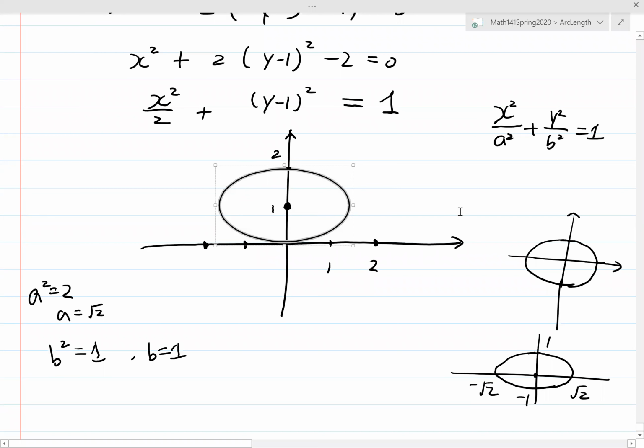Okay, this is more or less right. So this point should be root 2 and this point negative root 2. This is 0, this is 2. Then we are done. So it's translated; it's not necessarily at the origin O.